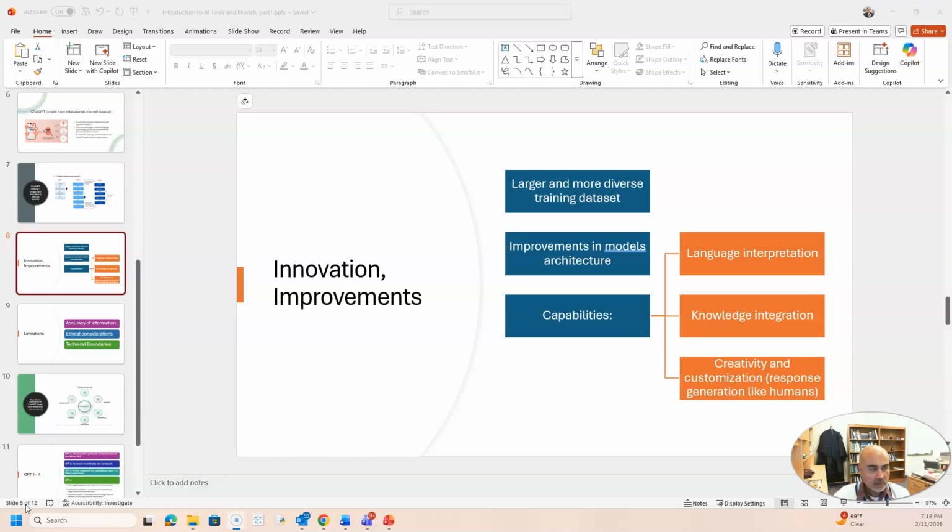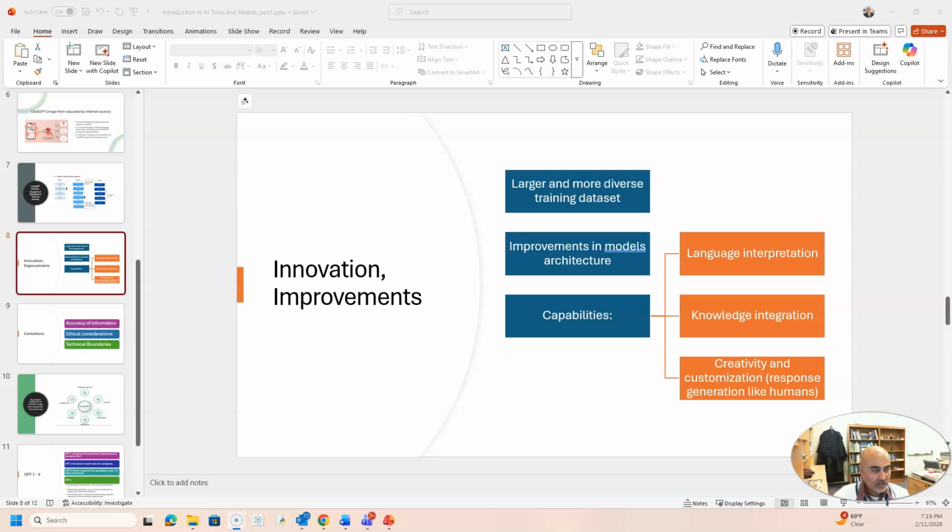ChatGPT is known for its remarkable language comprehension, its response generation, and its creative capabilities. But it also has some limitations, which we will be talking about in the future. So ChatGPT can interpret language, integrate knowledge, and be very creative like humans, just beyond basic text production.